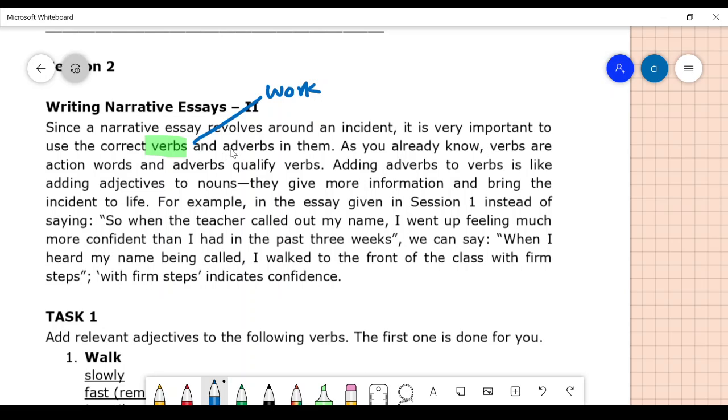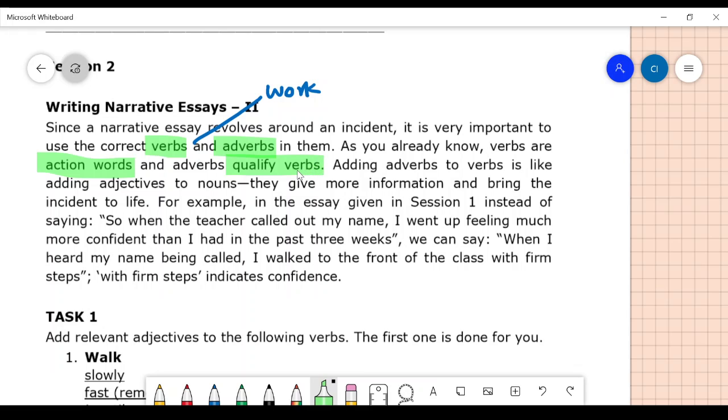Adverbs are something which you attach to them. As you already know, I'm going to use some examples. Verbs are action words, and adverbs qualify words.